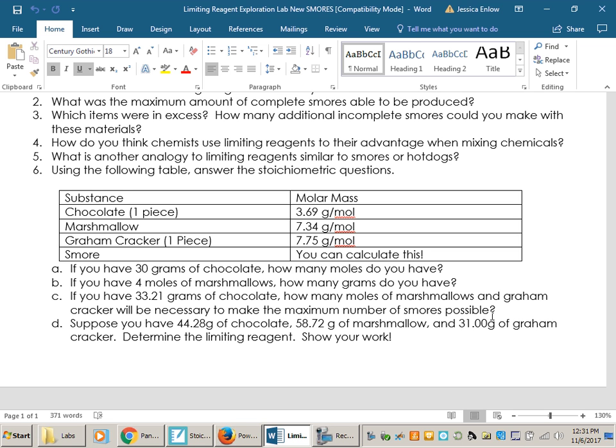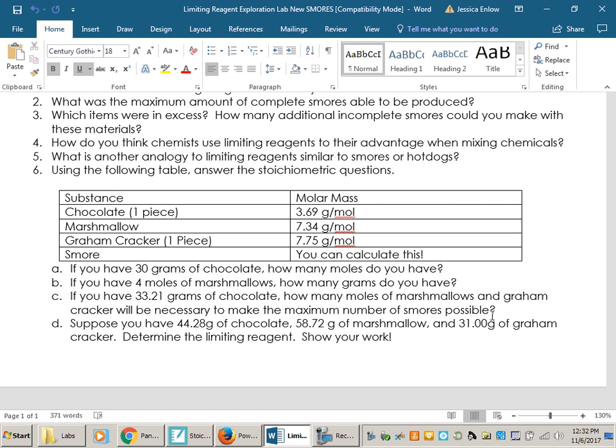Wait, help with the plus part? 1 more, and then 4 moles of graham crackers, and then 1. That's 8 over 1.